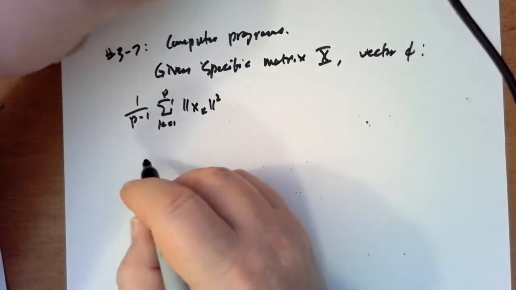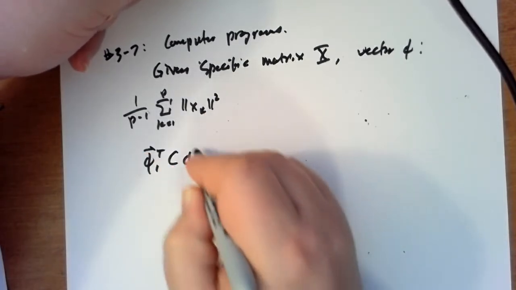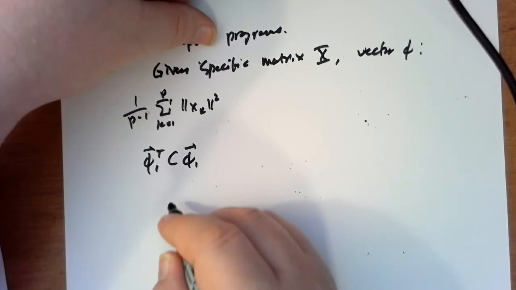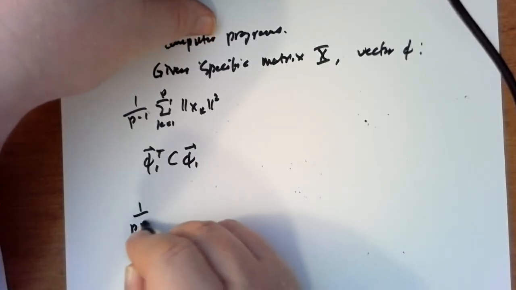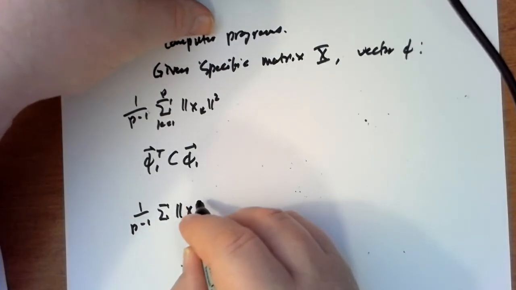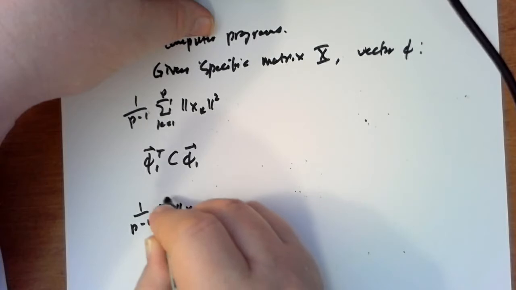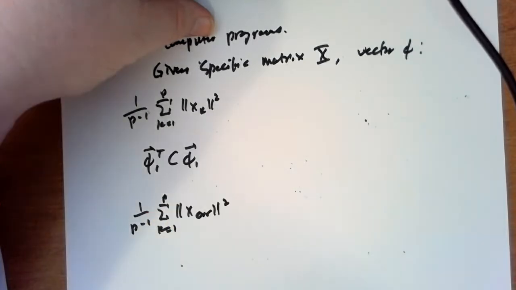And then we also want to compute phi1 transpose C times phi1. And then we also want to compute 1 over p minus 1, sum of error squared, k equals 1 to p.